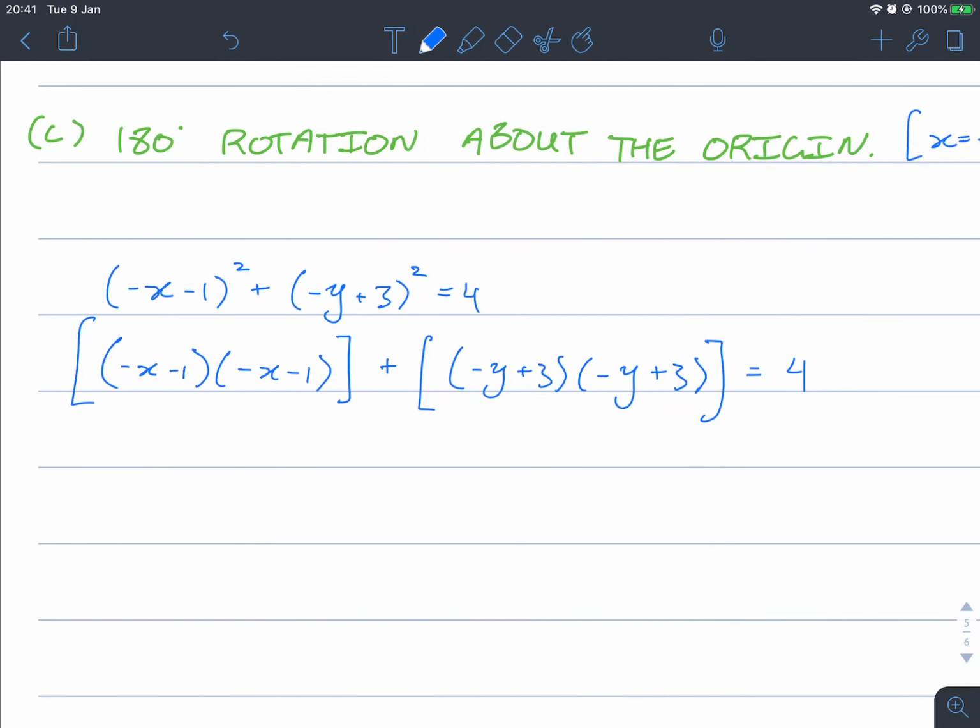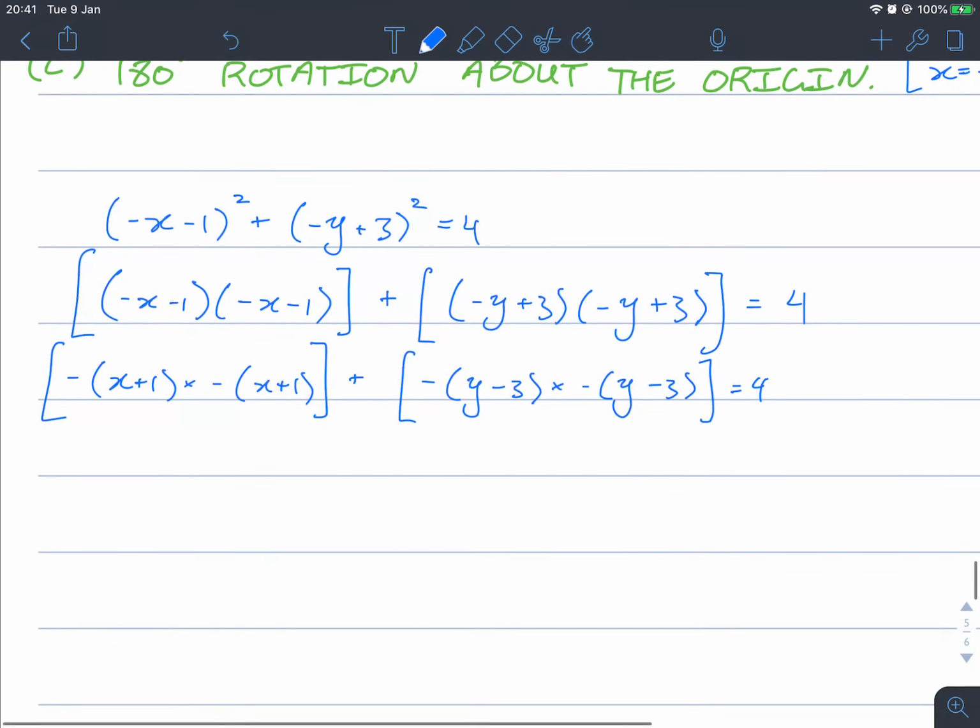Factoring the negative out on both, we get negative x plus 1 times negative x plus 1, plus negative y minus 3 times negative y minus 3, equals 4.